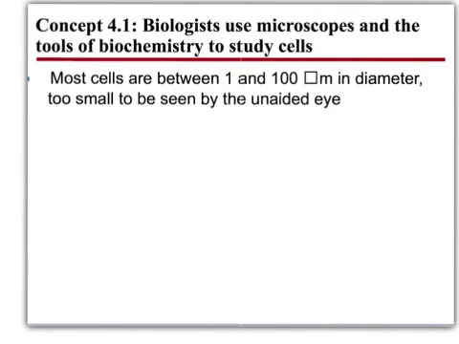So to study cells, we utilize microscopes. Most cells are between 1 and 100 microns in diameter. Too small to be seen by the naked eye. How many of you had some cells for breakfast this morning? I did. 2, over easy. The smallest cell that you can see by the naked eye is probably a frog egg, which is about a millimeter in diameter.